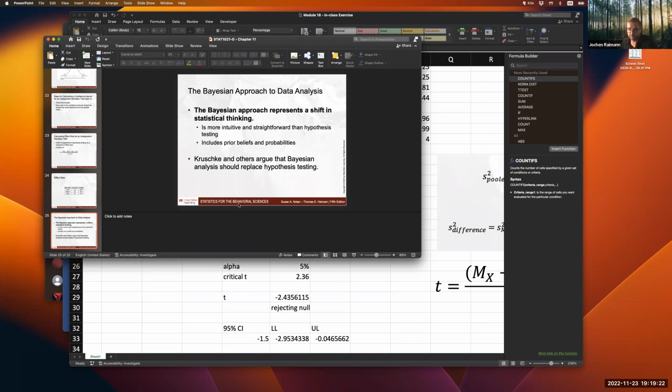A very, very common scenario in which Bayesian statistics and Bayesian analyses are used is in diagnostic testing, for example. Let's assume you want to utilize a diagnostic test for estimating or diagnosing diabetes.